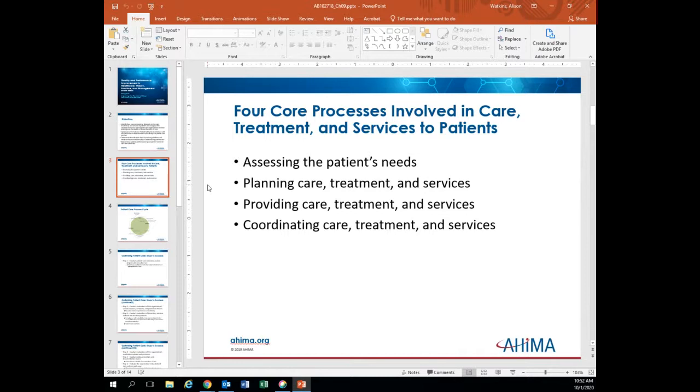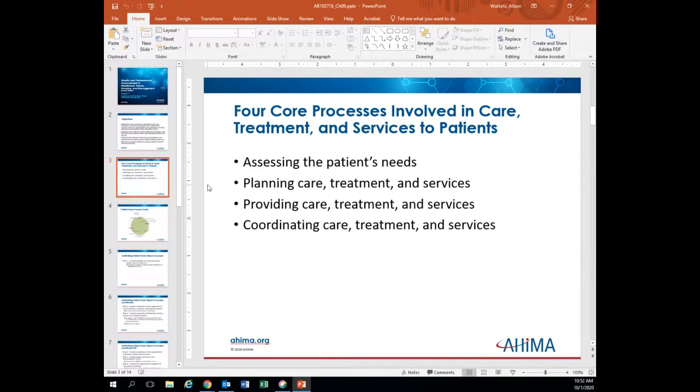We look for signs of victim abuse or neglect or alcoholism, and there's certain things that have to be reported by law to local authorities, state authorities, etc. So those are things that are being assessed for the patient, all part of core process number 1.